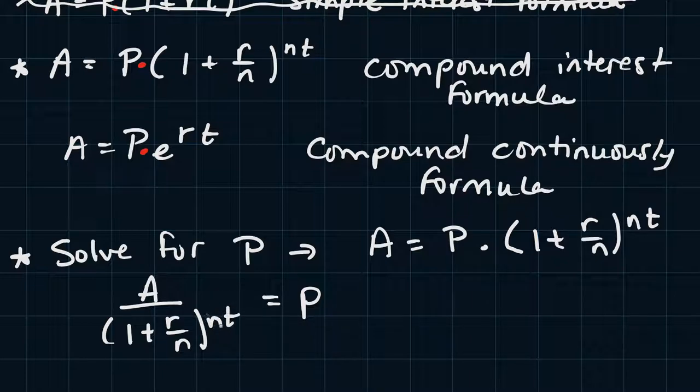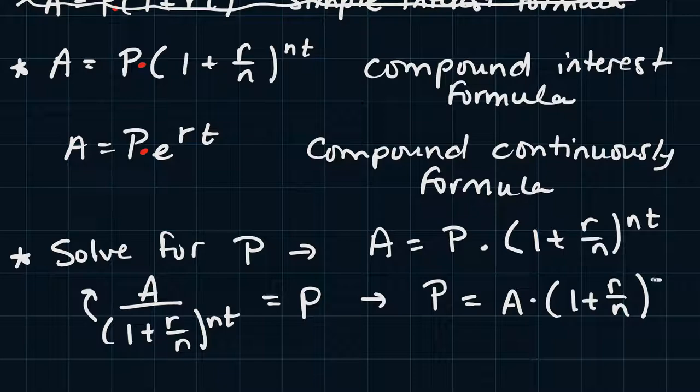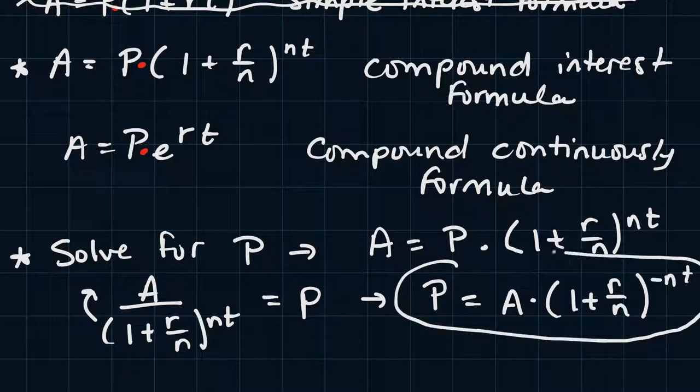N times t is some number. And I can push it into the numerator. And I'm also going to flip this so it's easier to look at. So I'm going to say P is equal to A times (1 plus r over n) to the negative nt. So this is the first formula you want to write down.